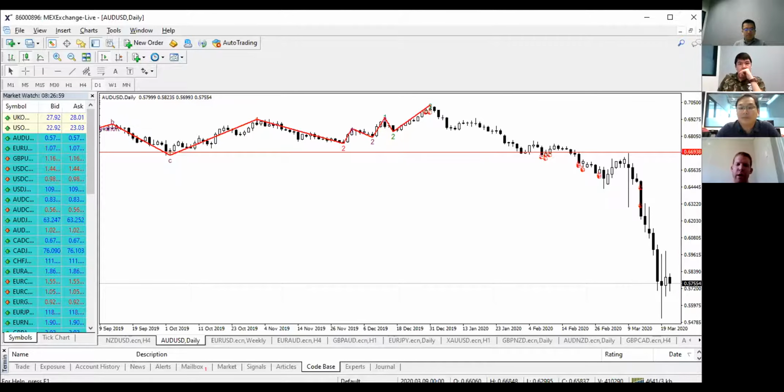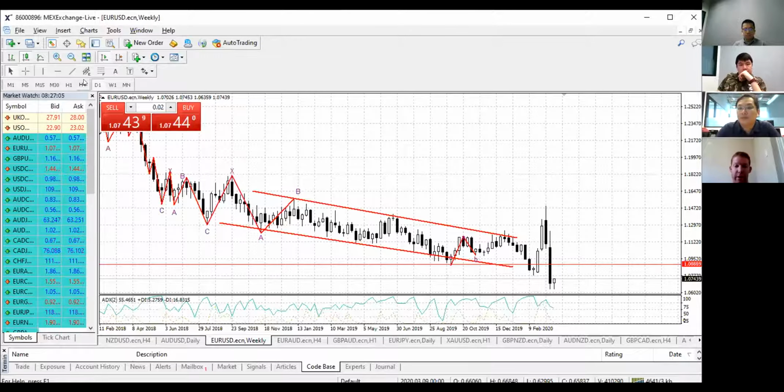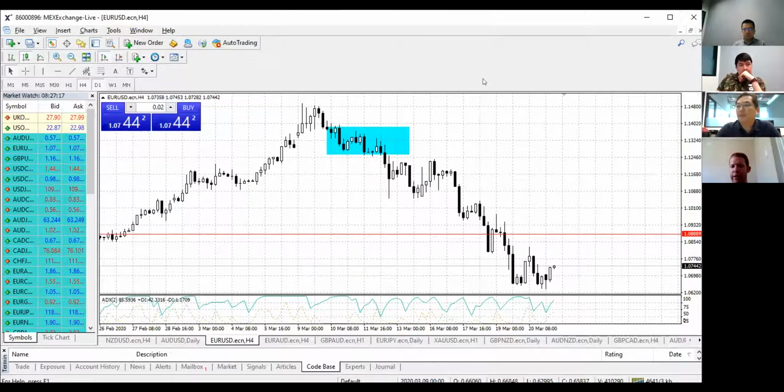Look, one more. I'll just touch upon the euro, and this has been quite interesting. Just looking at it from the 4 hour now, this has been okay. We still haven't really seen it.